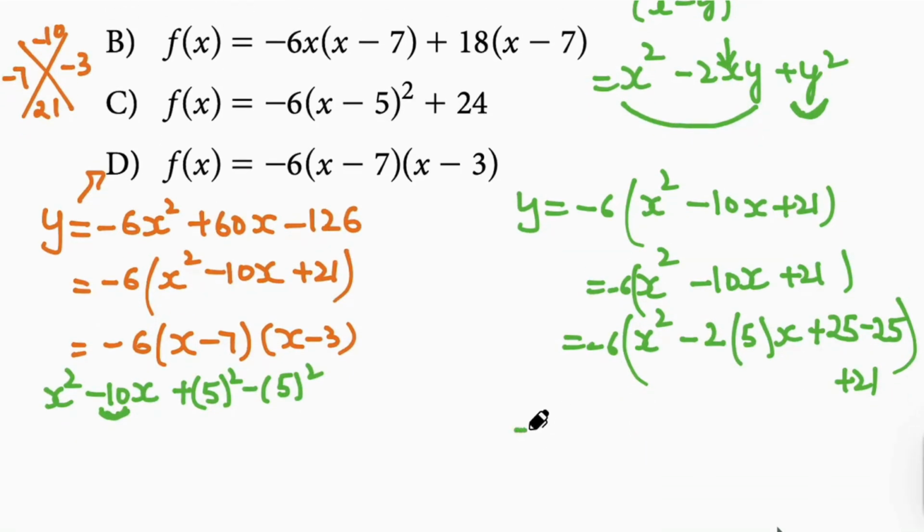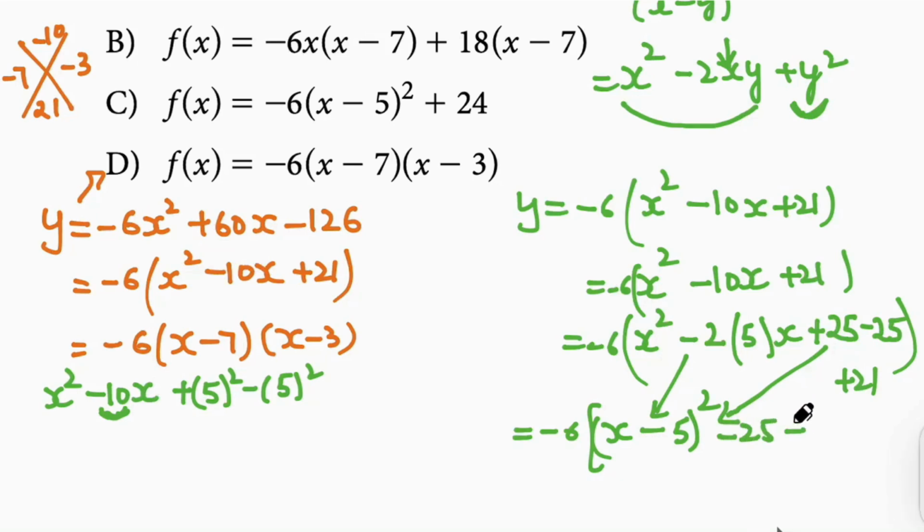Okay, so now that is negative 6. So this is x squared from here, because this is the square of 5. This is from here. And what is left? Negative 25 plus 21.